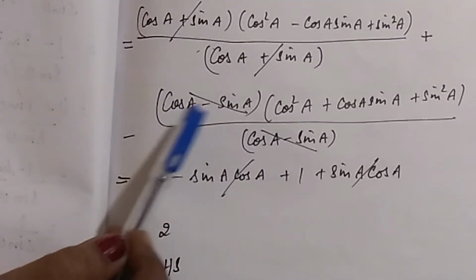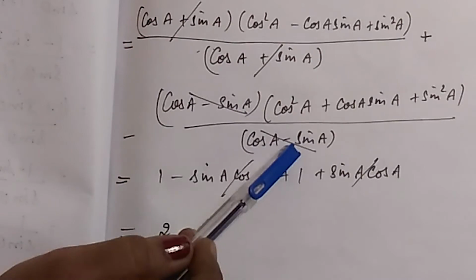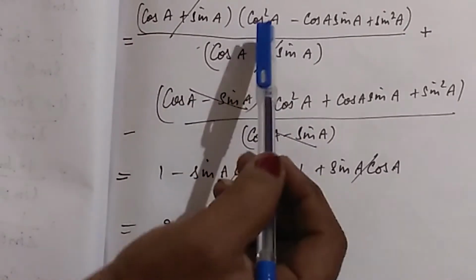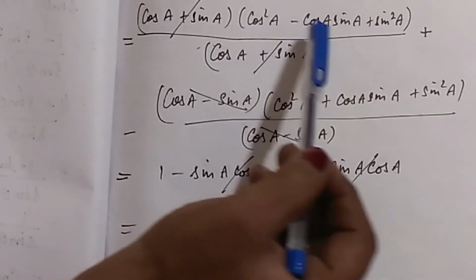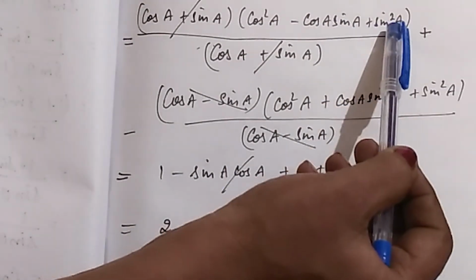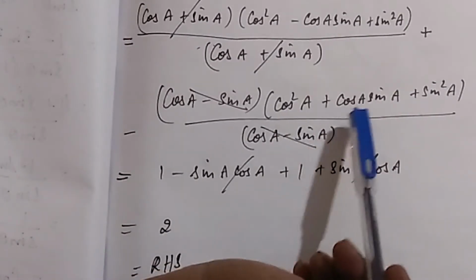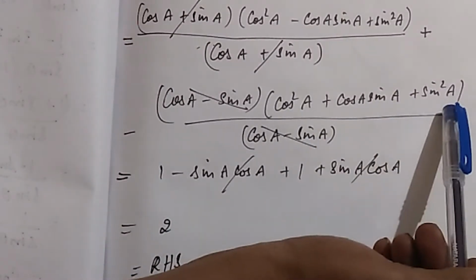Same way cos A − sin A gets cancelled. What is left now? cos²A − cos A sin A + sin²A, and same way cos²A + cos A sin A + sin²A.